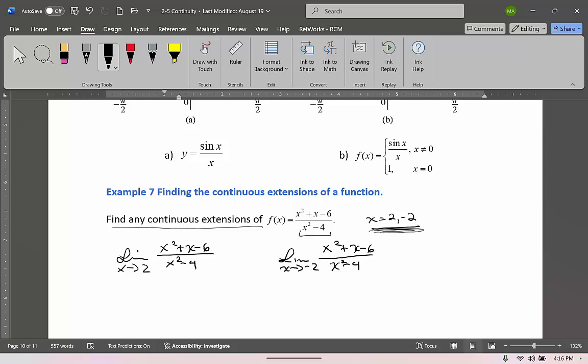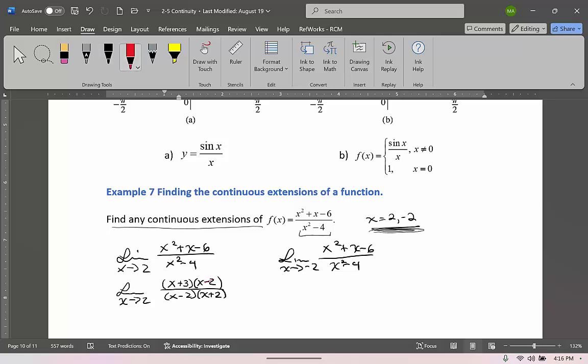So we'll go ahead and calculate these limits. So this is going to equal the limit as x approaches 2 of x plus 3 times x minus 2 over x minus 2 times x plus 2.